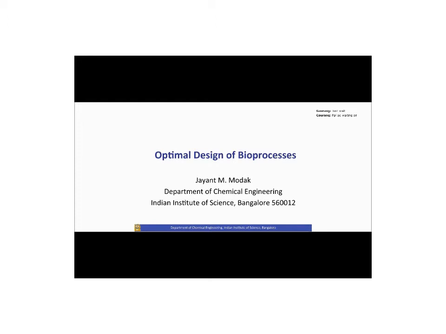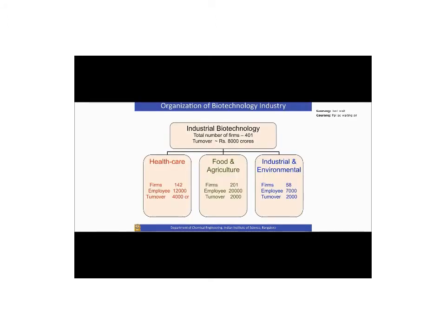Okay. So what I am going to talk about today is optimal design and control of bioprocesses. Before I go to the main topic, let me give you a brief overview of what is happening in the field of industrial biotechnology in India.